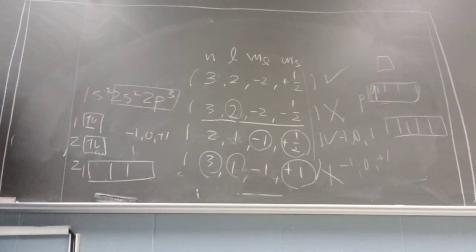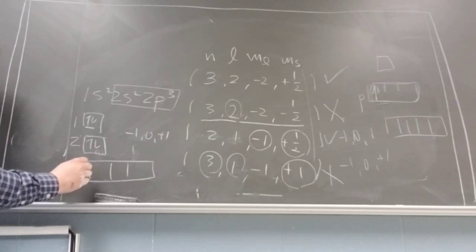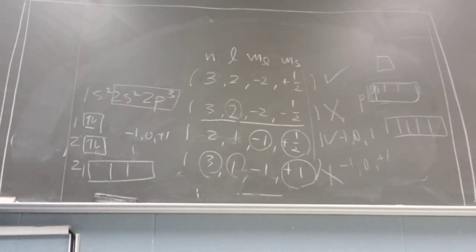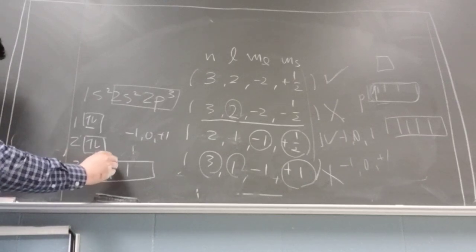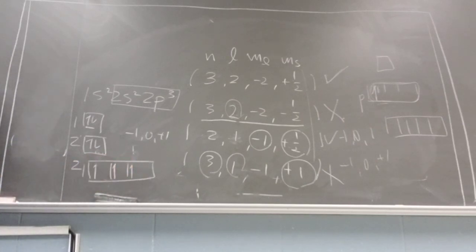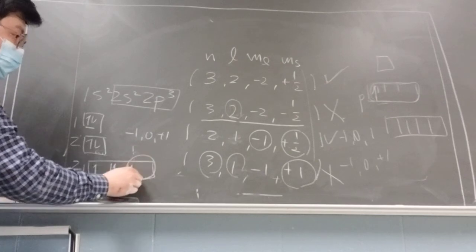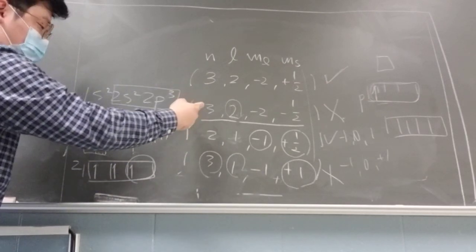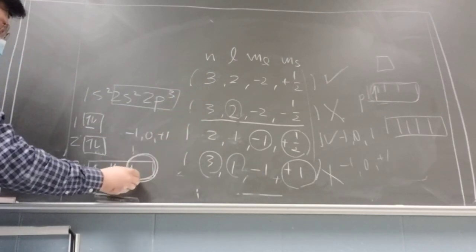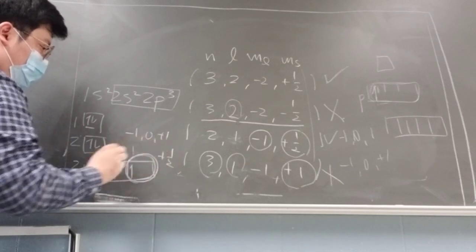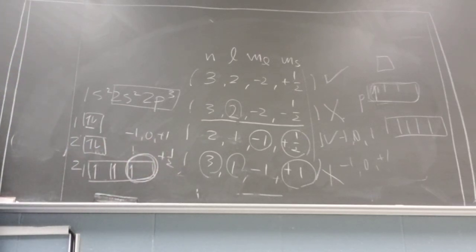But it only has 3 electrons. So the way you need to fill is following the Pauli exclusion rule. You have to do up spin first. Do you guys actually remember this one? You fill the electron up first. Okay. So if you're looking for the quantum number configuration for this one, this will be the plus 1/2.